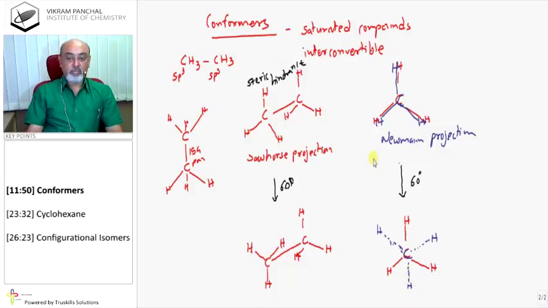So we have two possible arrangements of ethane in space. The first one is known as eclipsed, and the second one is called staggered.